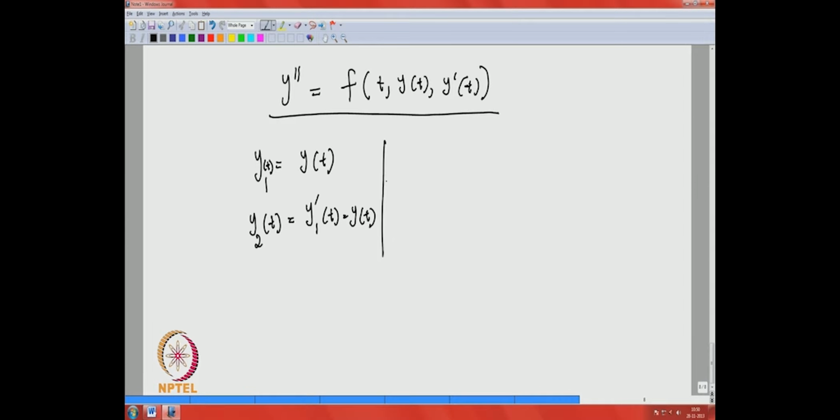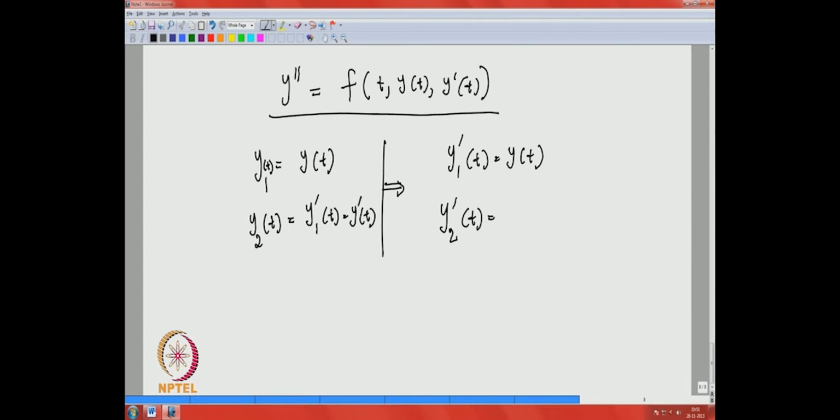So, with this together, if you apply this here, y1 prime of t is equal to y2 of t, and then y2 prime of t is nothing but y1 double prime of t, that is nothing but y double prime of t.